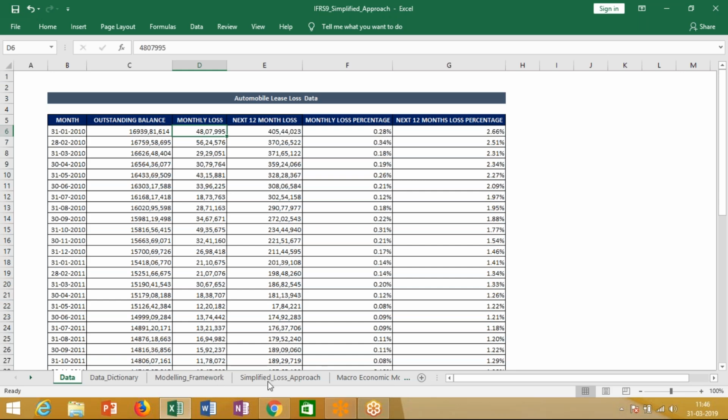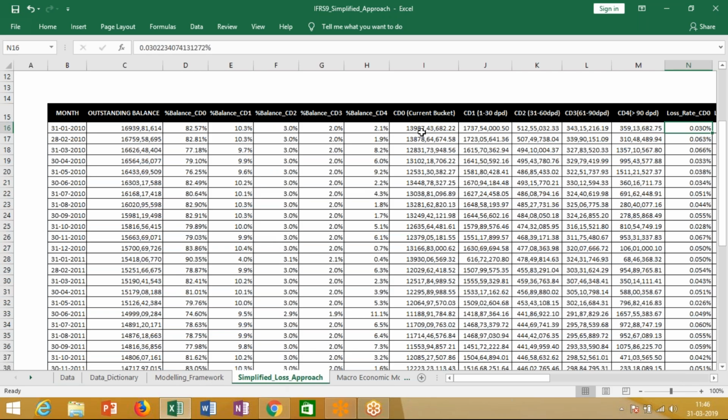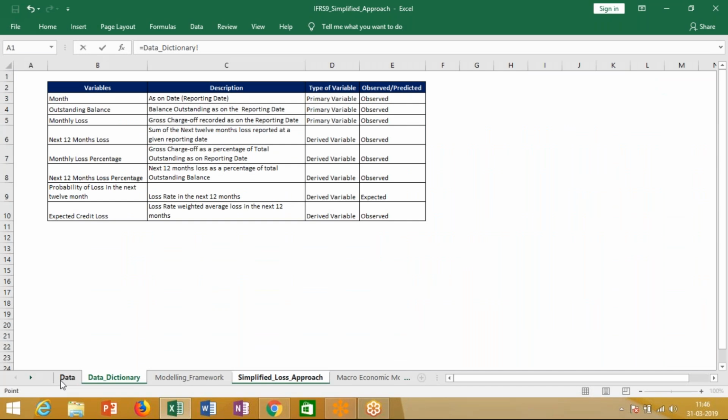So for balances which were CD0 in that month, what you need to know is how much of the balance had gone into losses. So the monthly loss was this much.